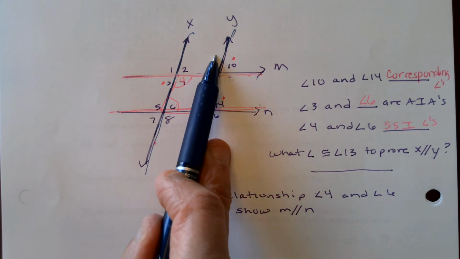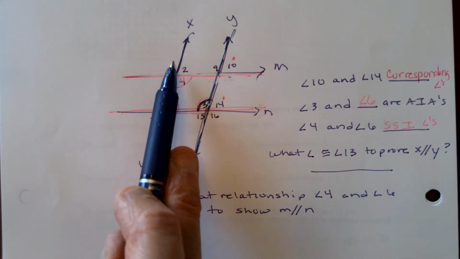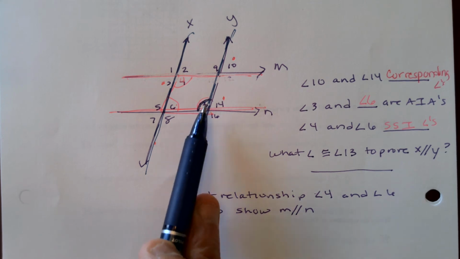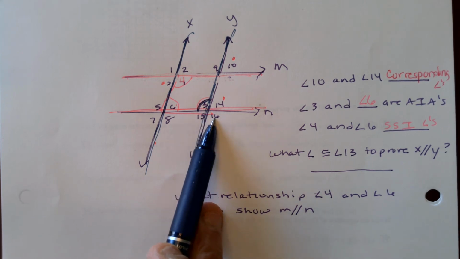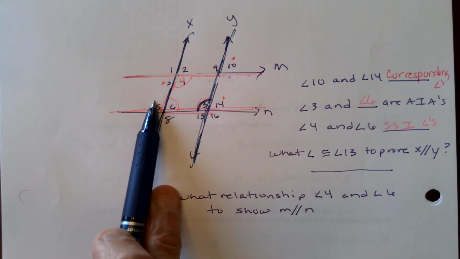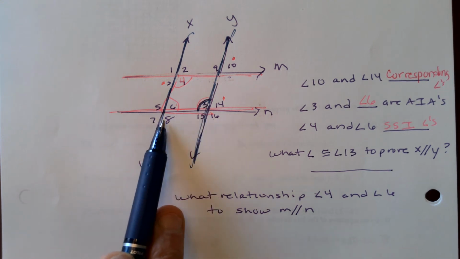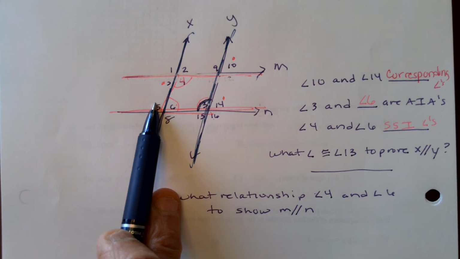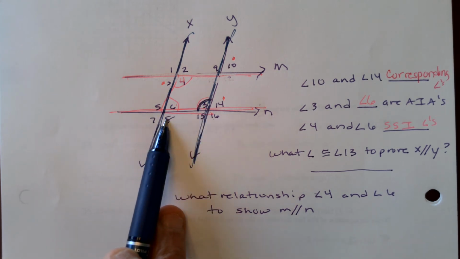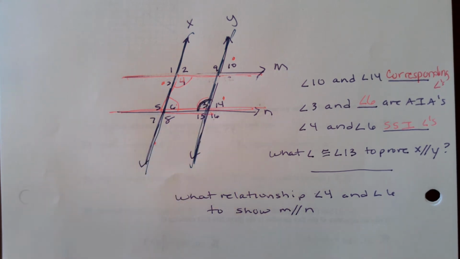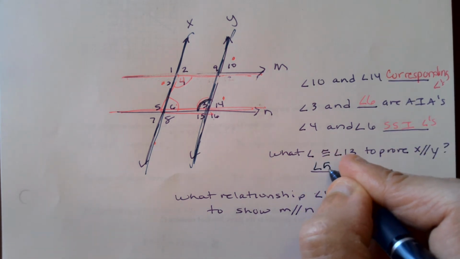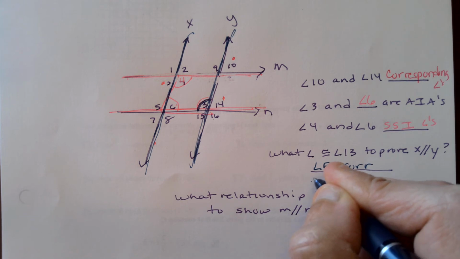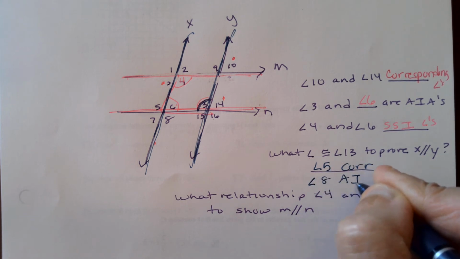You're not going to go up here, because that's not going to help you show this, right? Not going to go here. That's not going to help. This one. Or, actually, you could do this one too. Either one of them. 5 would be corresponding, and 8 would be alternate interior. Either one of those would work.